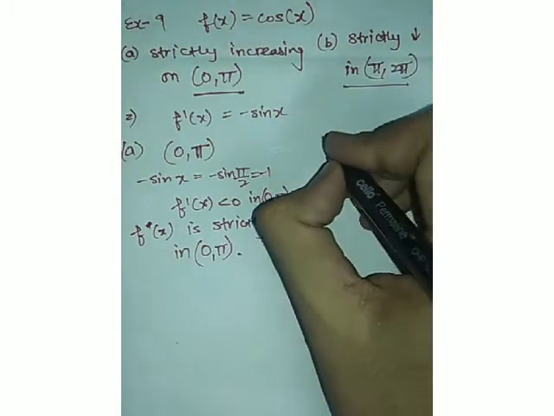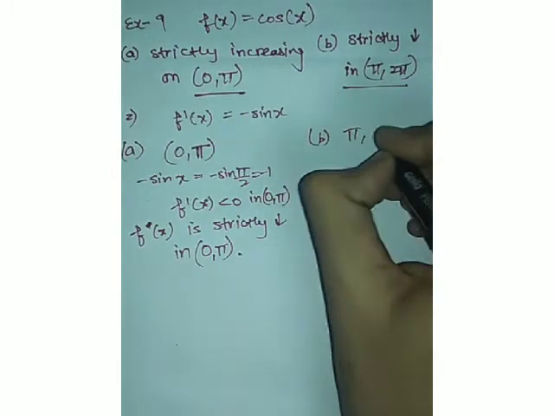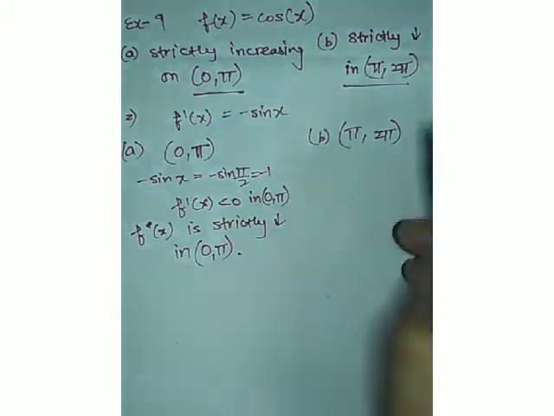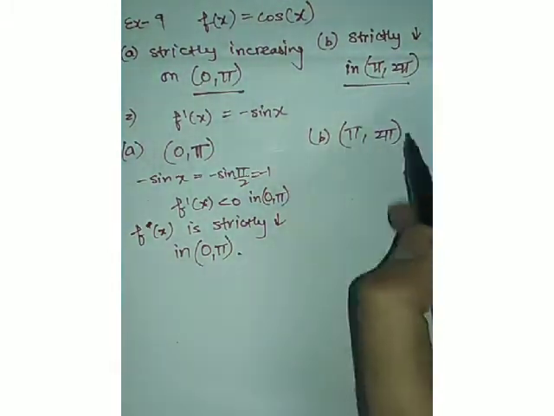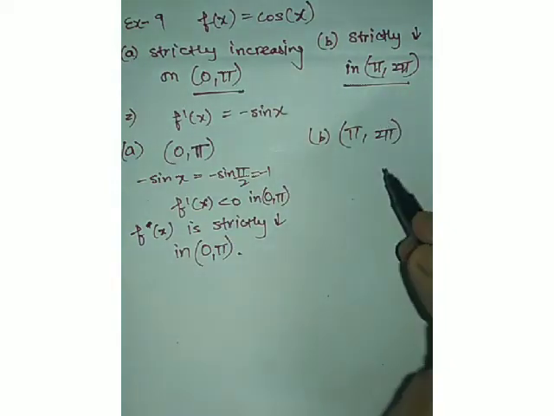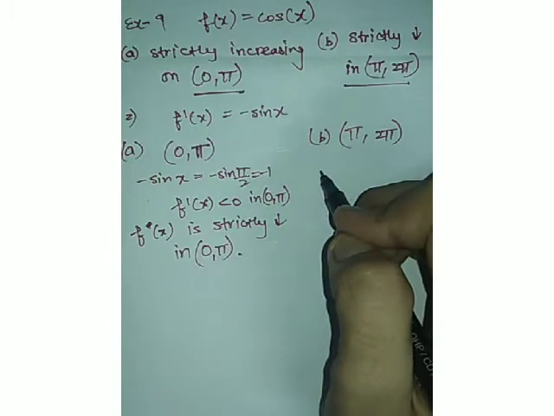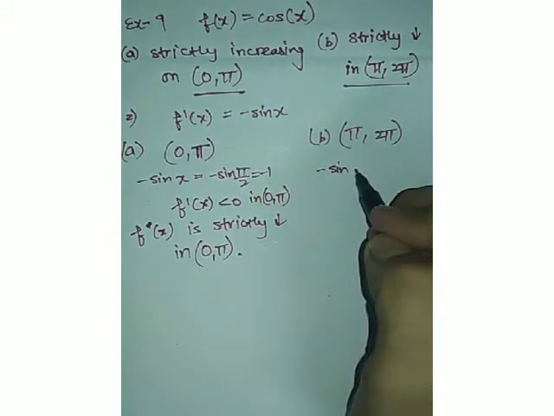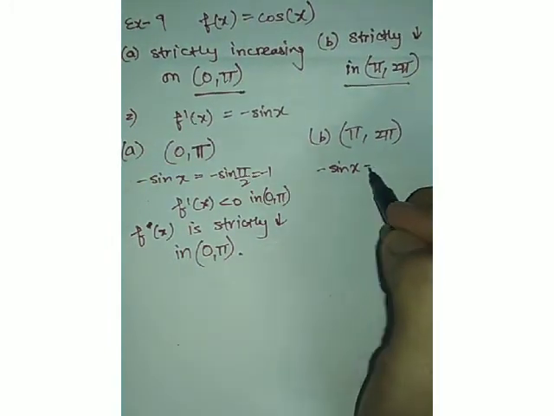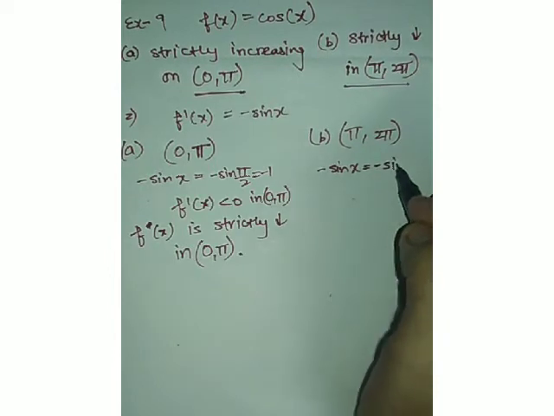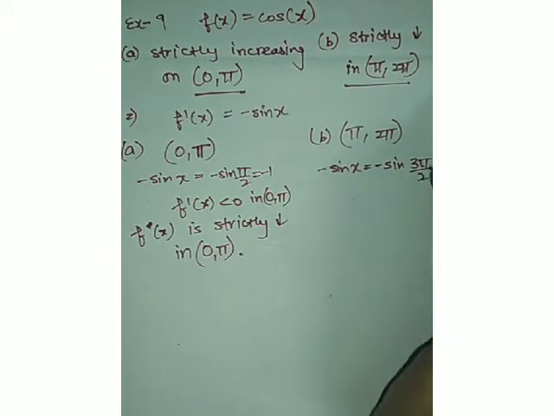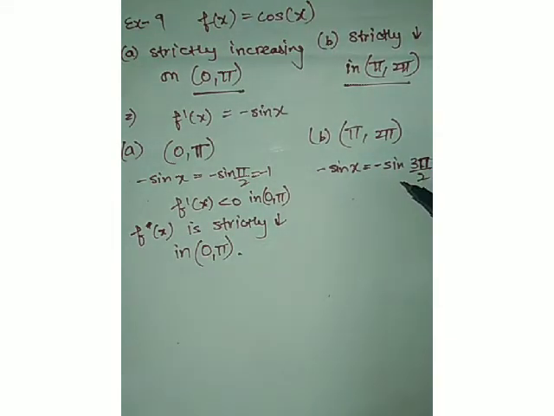Now here the interval is pi comma 2 pi. So take any value in pi comma 2 pi, say 3 pi by 2. So what is f dash x? That is minus sin x. So what you will get is minus sin 3 pi by 2. Now, sin 3 pi by 2 will be a negative value according to the sine wave.